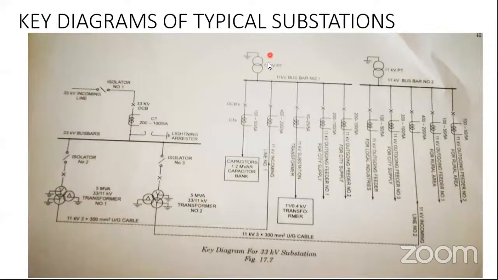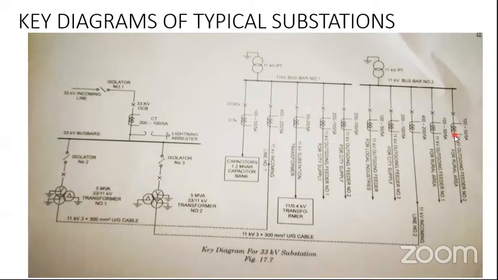Then we have potential transformers. We observe potential transformers here and here. And several CTs. This is how we can identify various components of a substation.